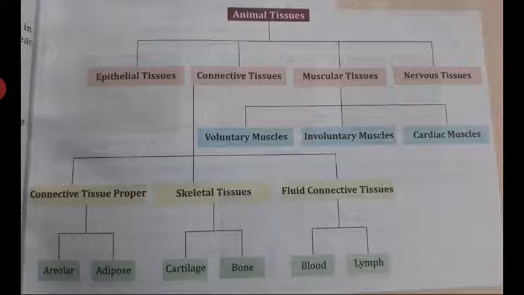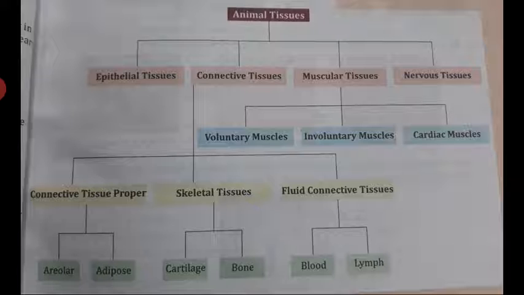Animal tissues are of four basic types, which are epithelial tissues, connective tissues, third, muscular tissues, and last, nervous tissues. If you see the second one, connective tissue, it is further divided into three different types, which are connective tissue proper, skeletal tissues, and fluid connective tissues.